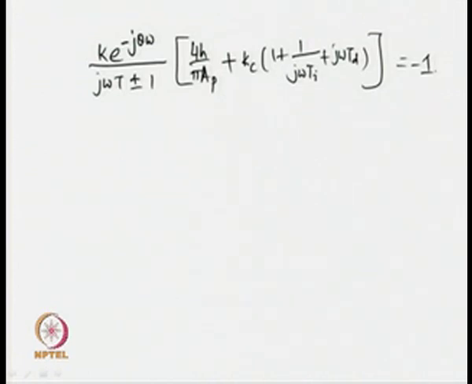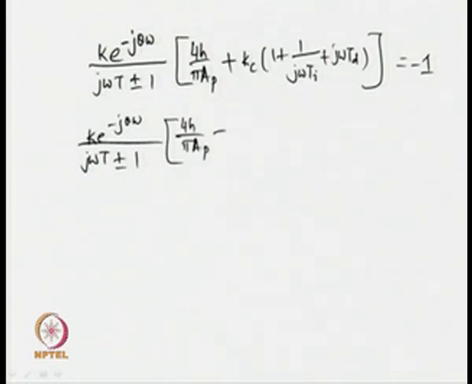Okay. So, then I can further simplify this in the form of K e to the power minus jθω divided by (jωT plus minus 1), times 4h divided by πa, plus K_c.